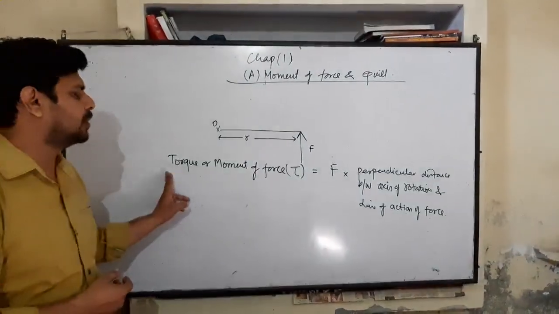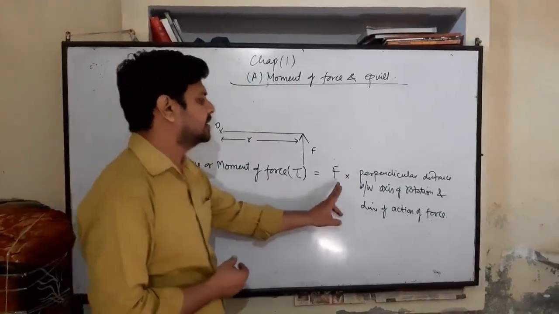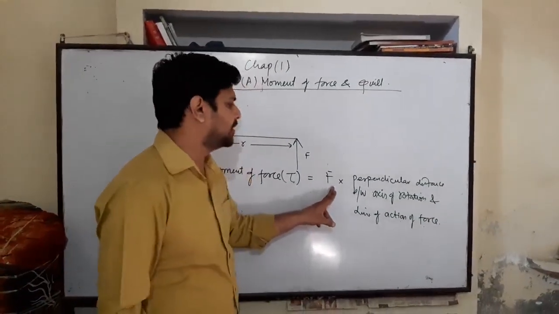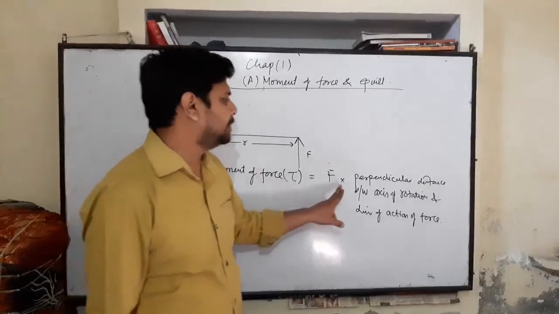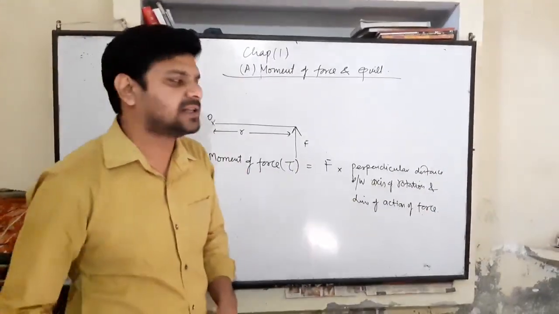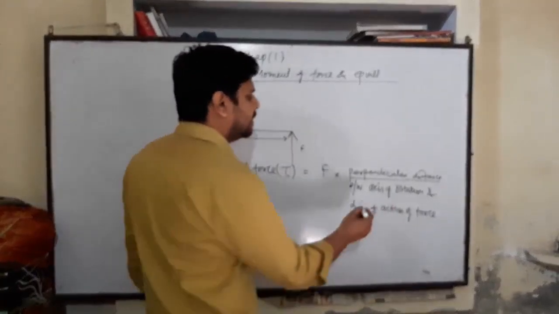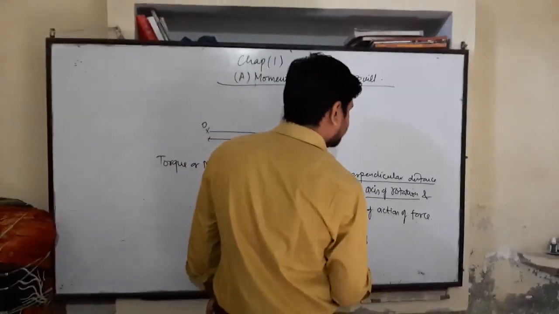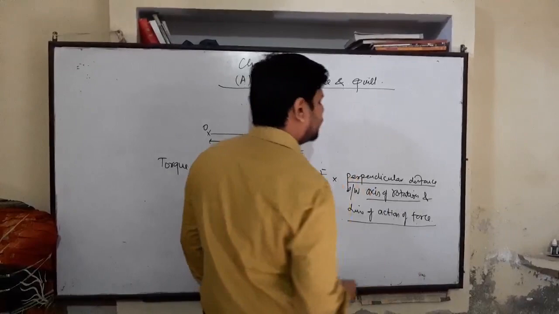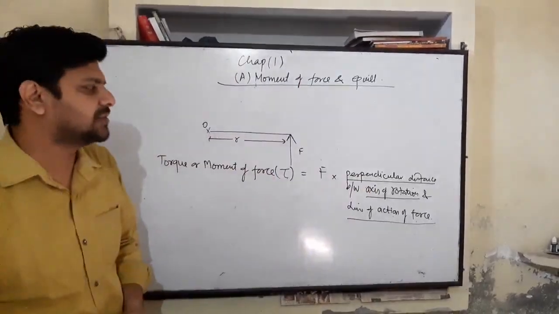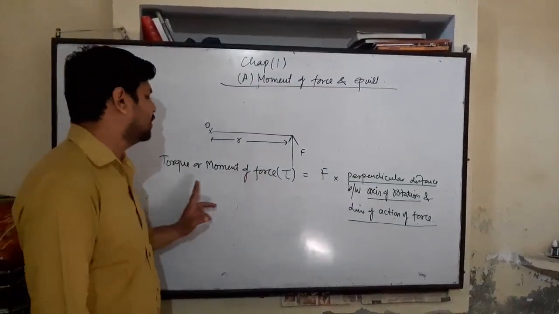And the formula for torque or moment of force is the product of the magnitude of force and perpendicular distance. This is very important. Perpendicular distance from where to where? From the axis of rotation to the line of action of force. This is called moment of force or torque.